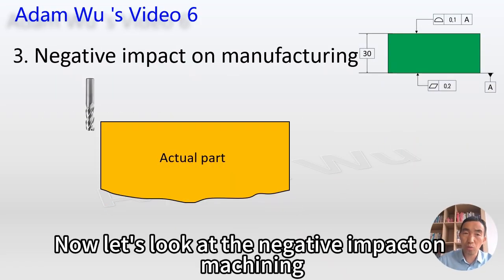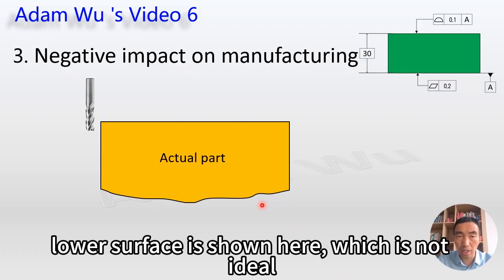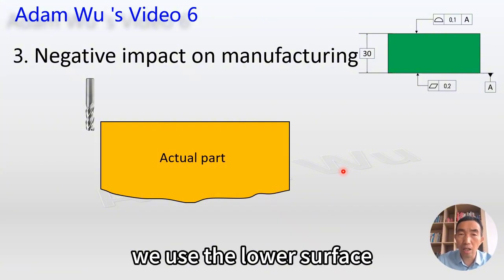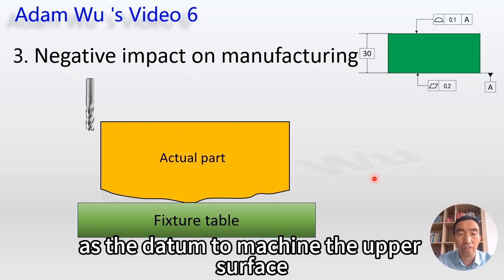Now, let's look at the negative impact on machining. This is the actual part, and the machined lower surface is shown here, which is not ideal. In the current process, we use the lower surface as the datum to machine the upper surface.